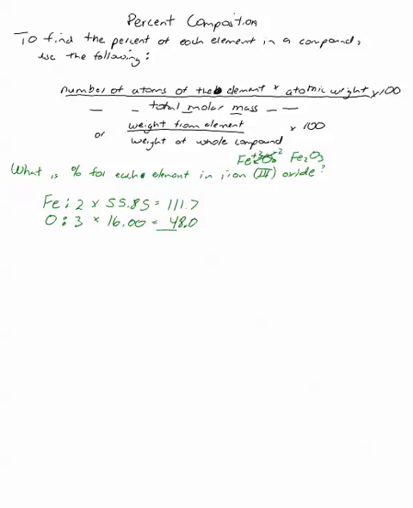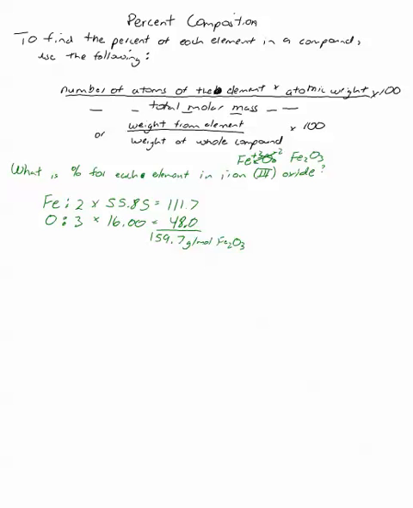Then what we need to do is get the molar mass, just what we've been doing before. And when we do that, we find out that the molar mass for Fe2O3 is 159.7 grams per mole. Now that should look very similar to what we've done already.